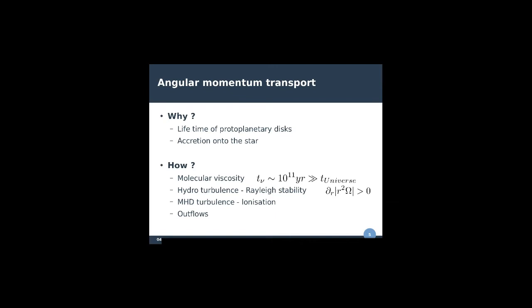And we can see it, for instance, in the Rayleigh stability criterion, which is shown here, where R is a radius, omega is a rotation frequency. This is strongly stabilizing.